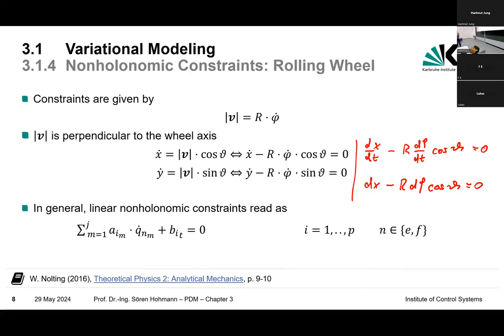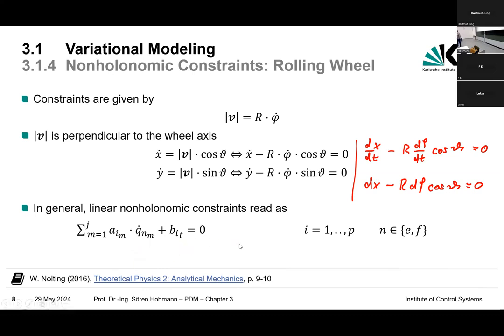So we have to consider those facts to make it a little bit more generalized. Then you find something like this. Linear non-holonomic constraints can be described as the sum of the dot variables of the Q values plus a constant.